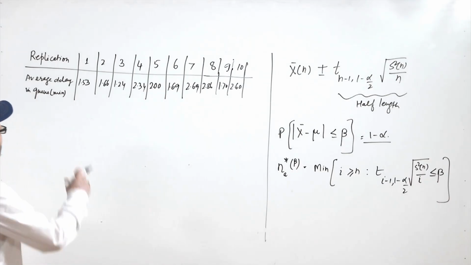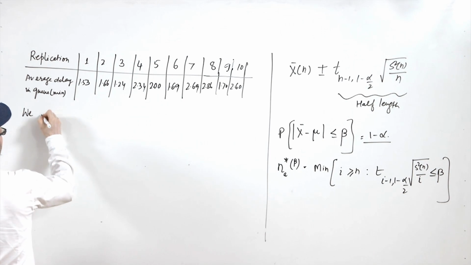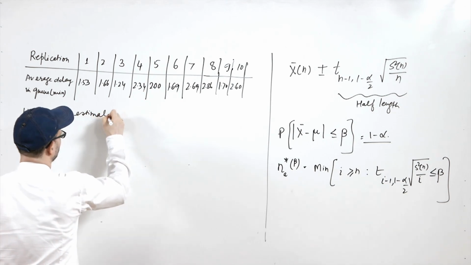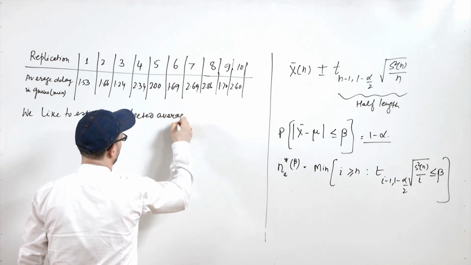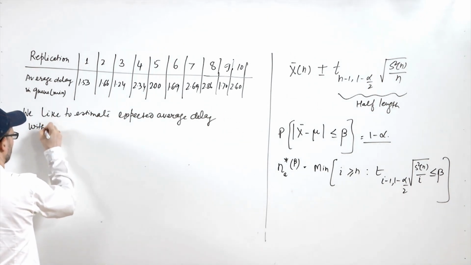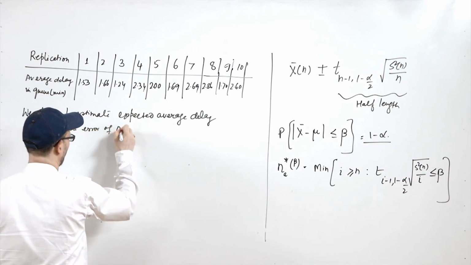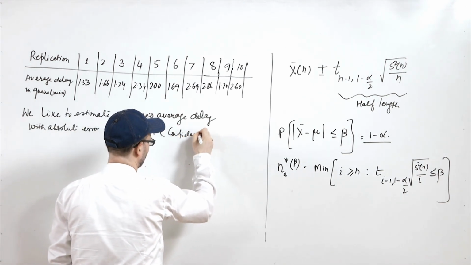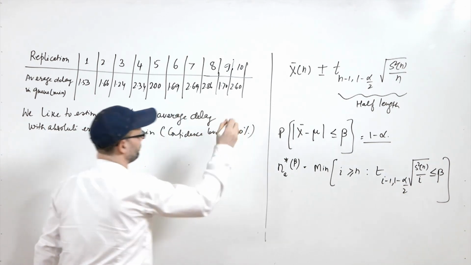Suppose for the same bank model, we would like to estimate the expected average delay with an absolute error of 0.25 minutes and a confidence level of 90%.